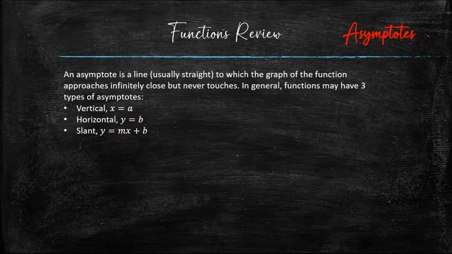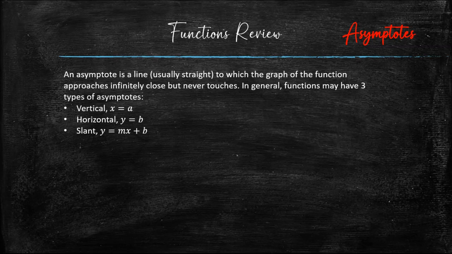Asymptotes could be of higher degree, so certain polynomial functions may behave like parabolas. Certain rational functions may behave like hyperbolas, I guess. And in general, an asymptote can be non-linear, but at this level, linear is as far as we'll go.